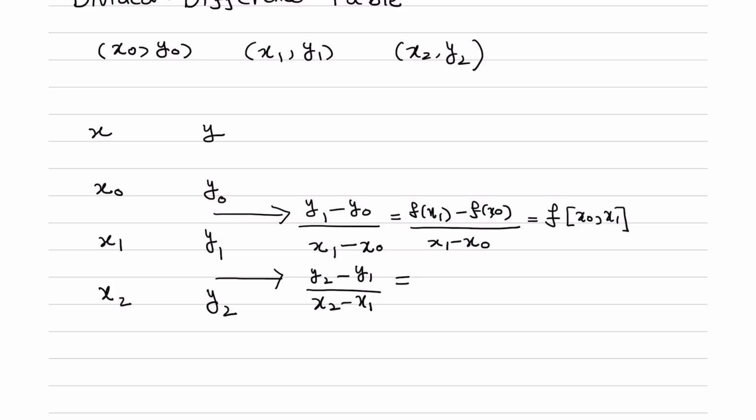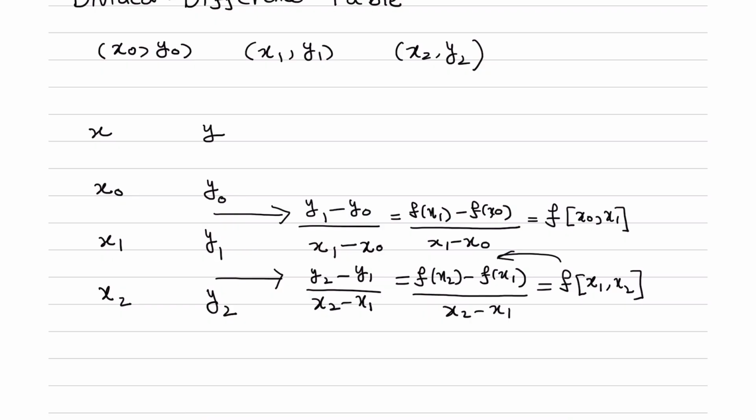We put these values of y in the form of f of x. So we have f of x2 minus f of x1 divided by x2 minus x1. Again, we can write this expression in the form of divided difference operator, which is f of x1 x2. When you open f of x1 x2 square bracket, you get this expression.